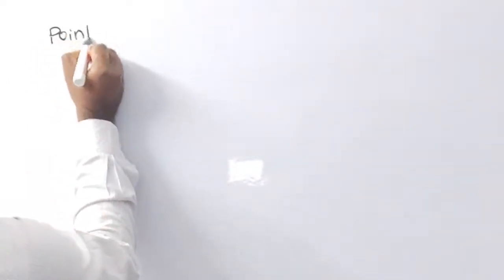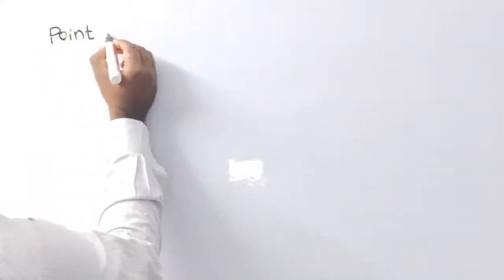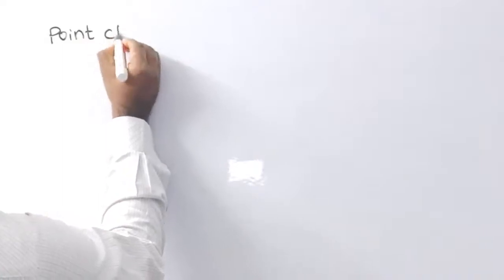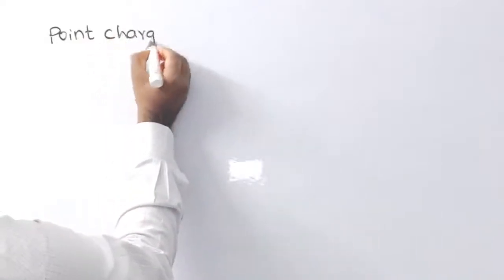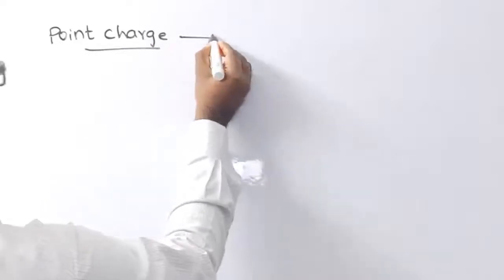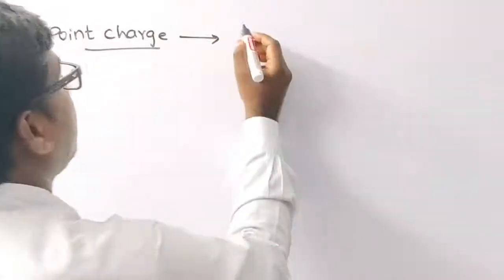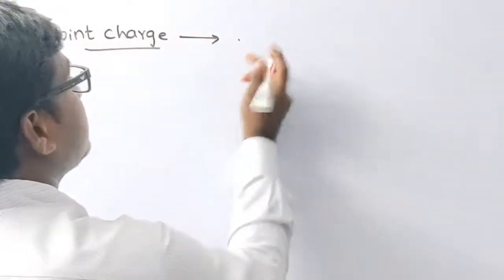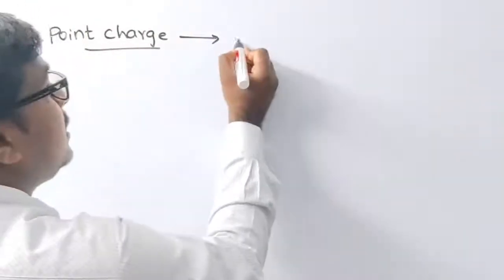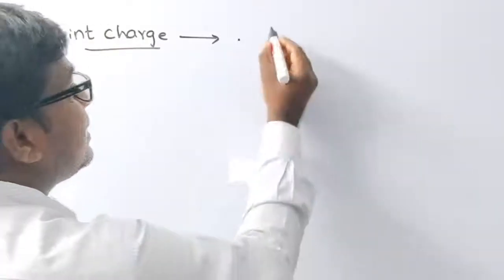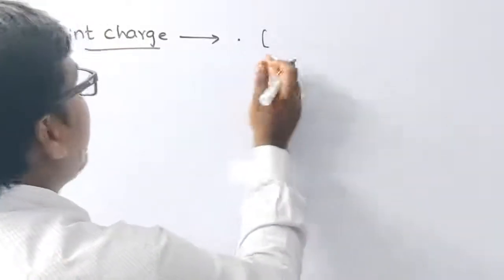Discuss about point charge. Point charge means a finite sized, very small charged body, like just this one point.